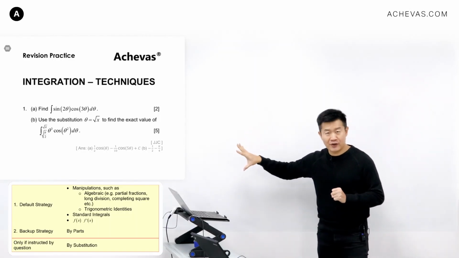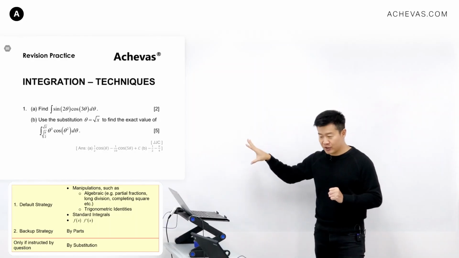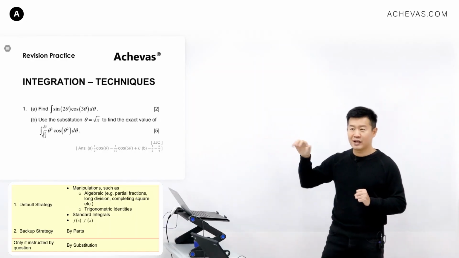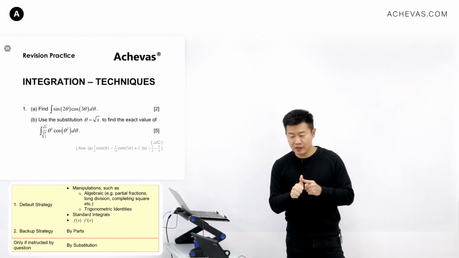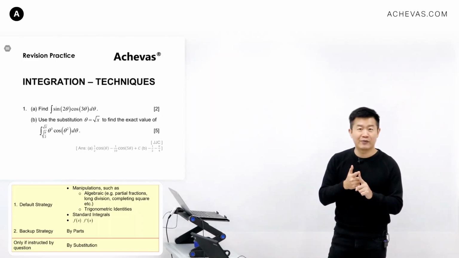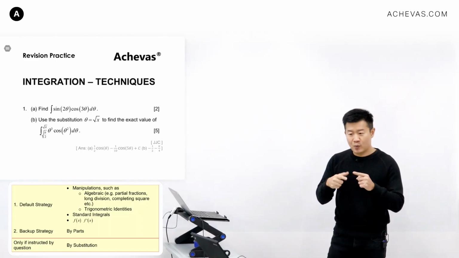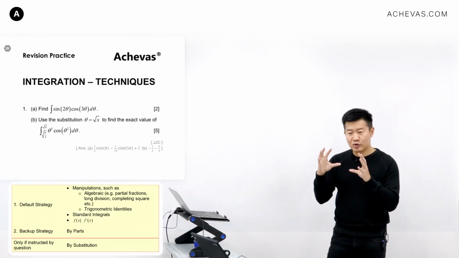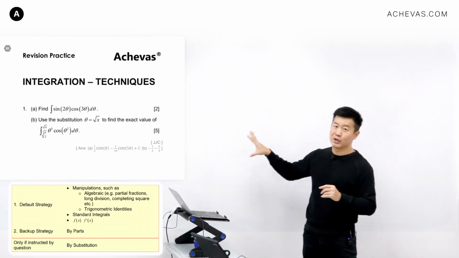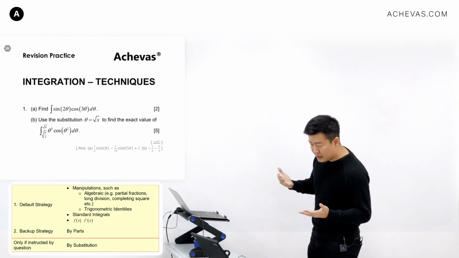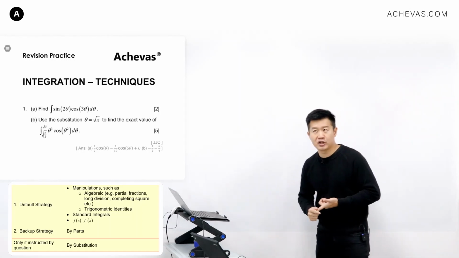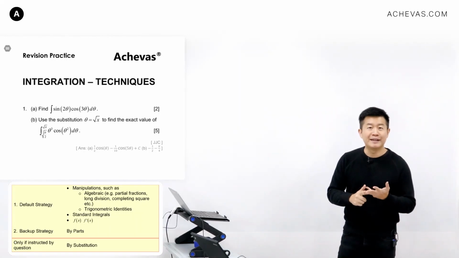By default, if I'm planning to do a round of integration, I'm going to try to see whether I can integrate based on standard results, or try to integrate using f(x), f'(x). Which means that when I look at an integral, I'm going to ask myself whether I can do some manipulations, for example partial fractions, long division, completing the square.